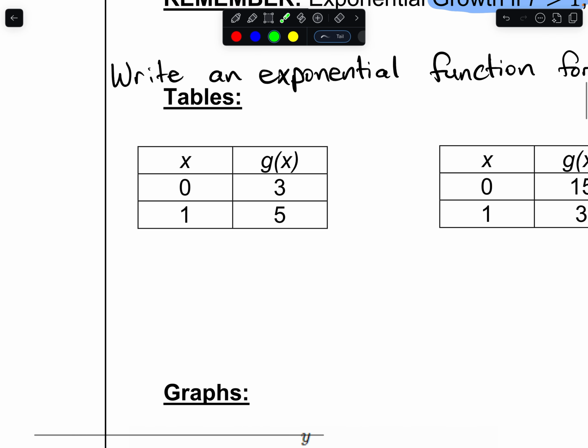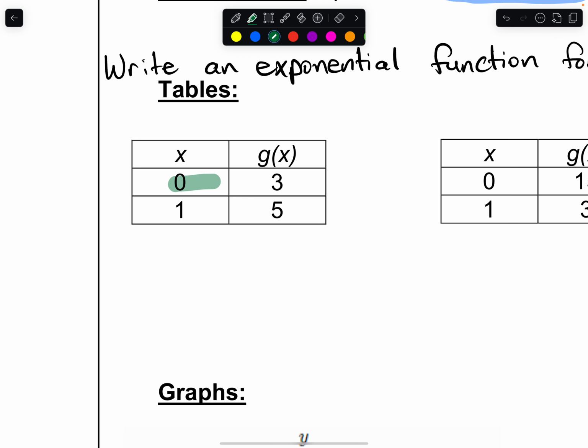Since we're assuming it's exponential, we're going to write it in that form, a times r to the x. You should notice right away, this is a valuable piece of information that the table is giving us. It's giving us the y-intercept. That would have been valuable even if this was a line, but again, we're assuming it's exponential.